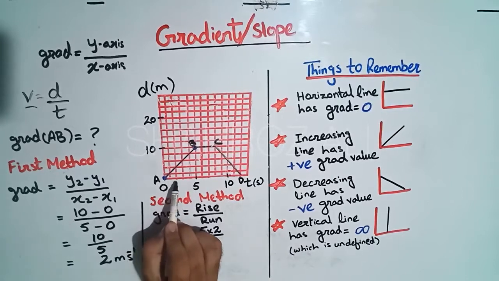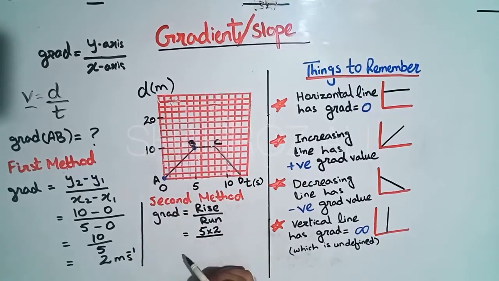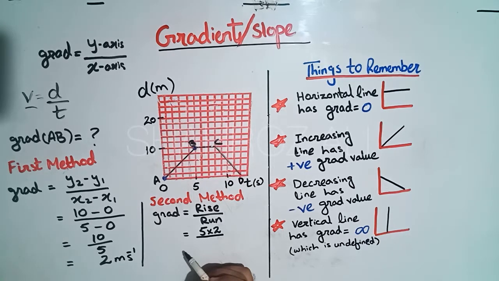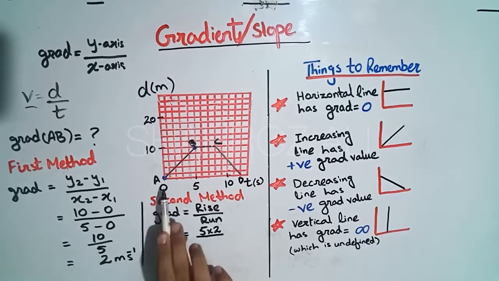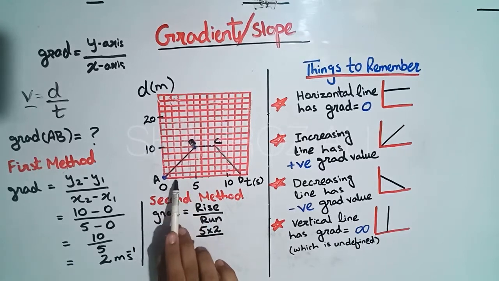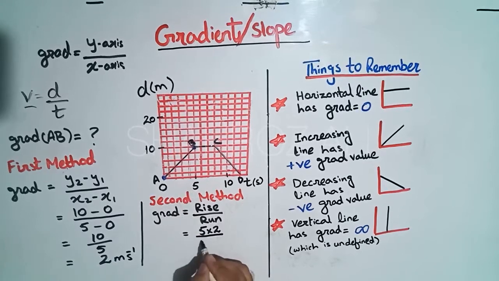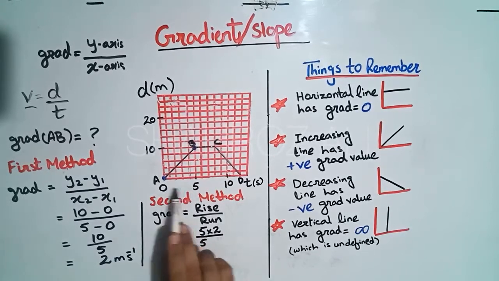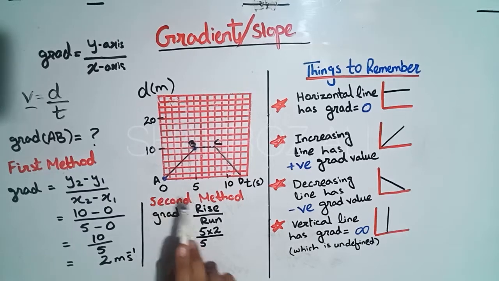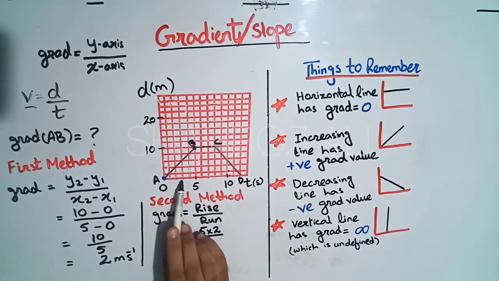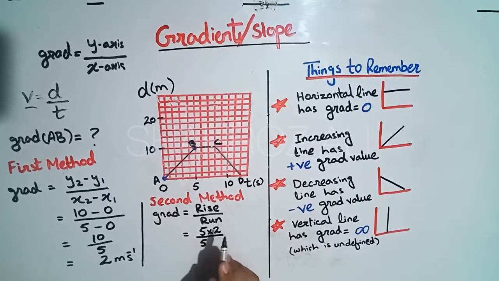Here you can see 1, 2, 3, 4, 5 lines, and each line contains a scale of 1, because there are 5 blocks. So 5 is the reading of the run, and each box contains the value of 1 only.